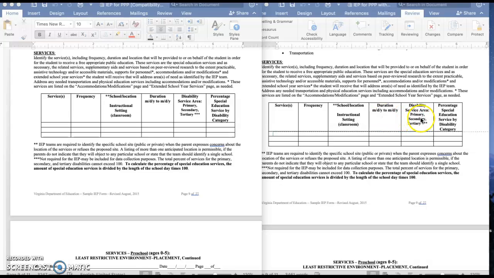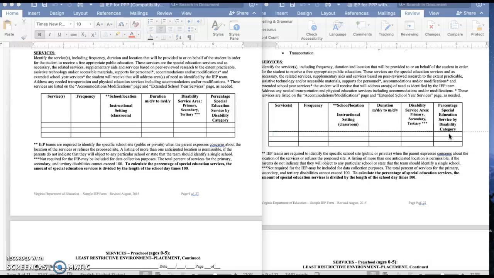As far as disability area, just put primary and preschool special education. They don't have multiple categories of eligibility for the most part. So just put primary, and then percentage special education service. Because we only have primary, just put 100%.